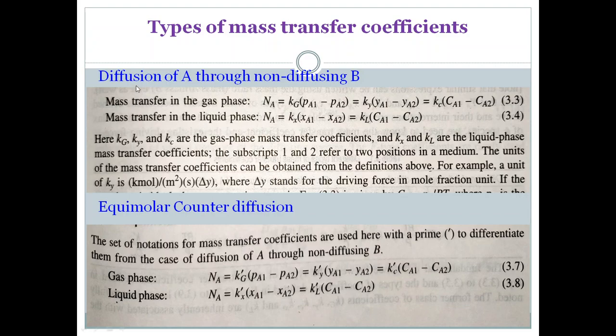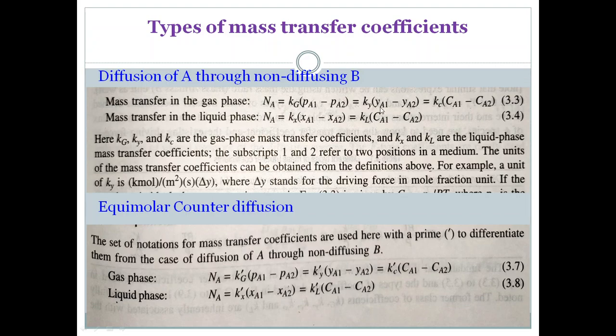So let's take the first case, the diffusion of A through non-diffusing B. There are two categories: one is gas phase, another is liquid phase. So for mass transfer in gas phase, when the driving force is partial pressure difference, PA1 minus PA2, that corresponds to mass transfer coefficient equal to small k subscript capital G, kG.